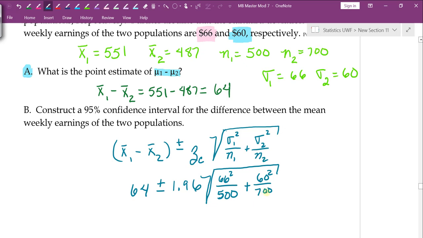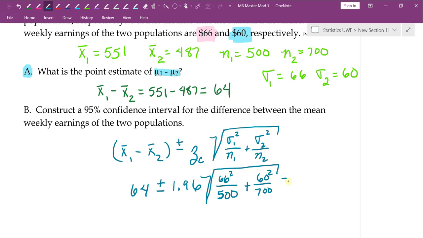So I'm going to put this in my calculator, and I'm going to say 64 minus 1.96 times the square root of 66 squared divided by, oops, let me go back and put that in parentheses. You should put that in parentheses, guys.